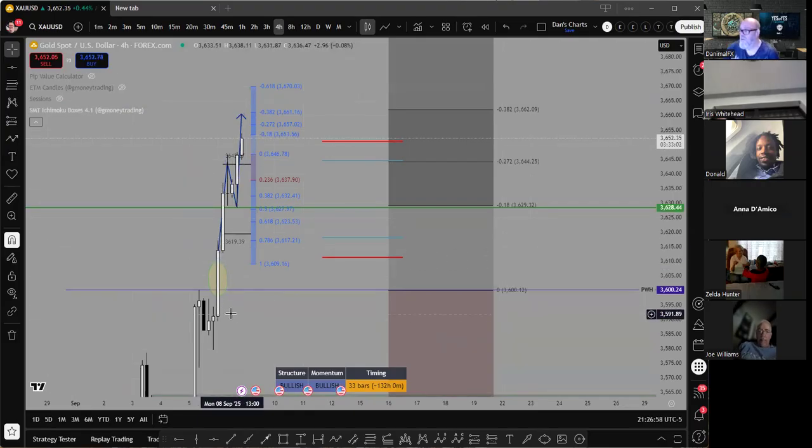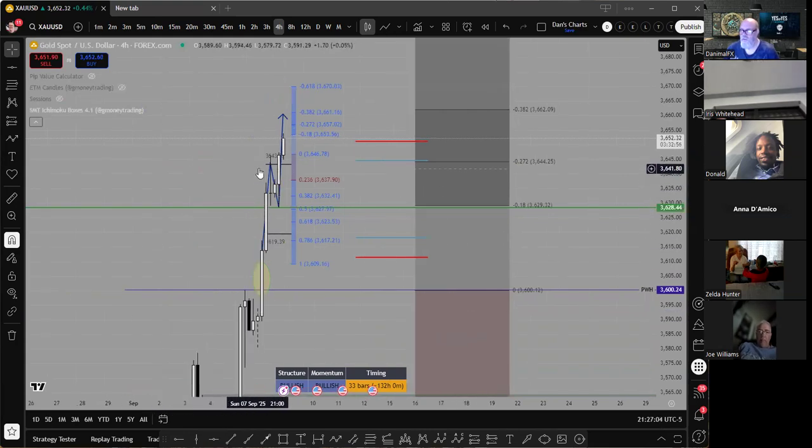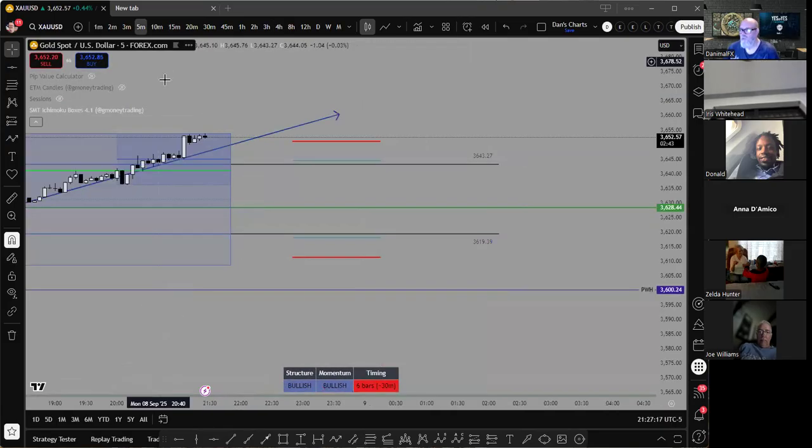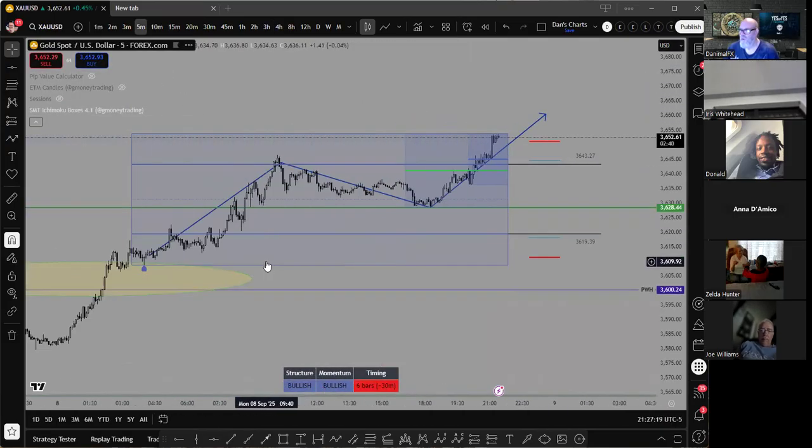So yeah, there's a lot of things that can happen. And it totally looks like everything is based on his 5 minute box. See these 236 lines, the 23% lines here and here that are on different time frames. That's remnant of the 5 minute or the 1 hour time frame.